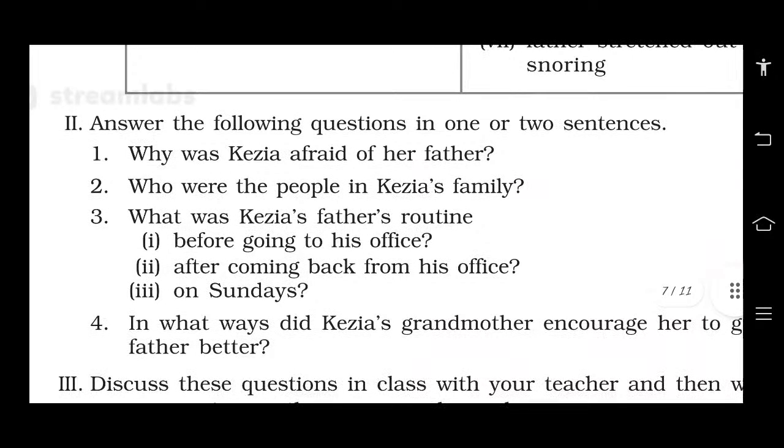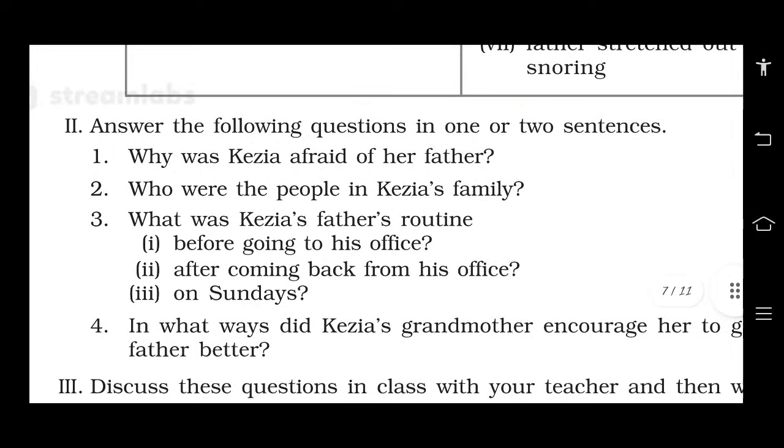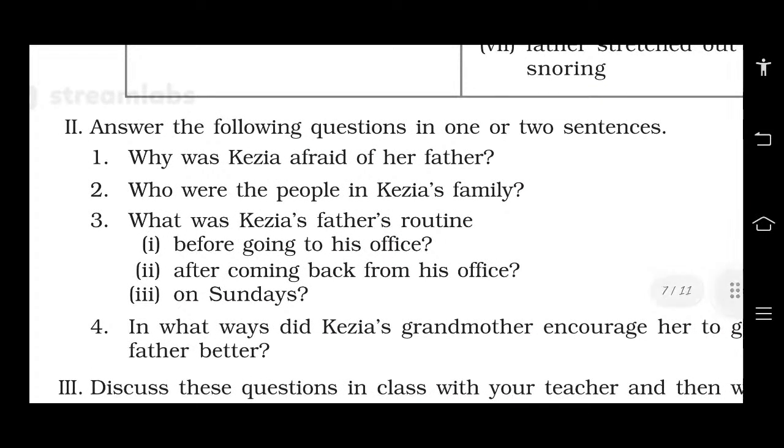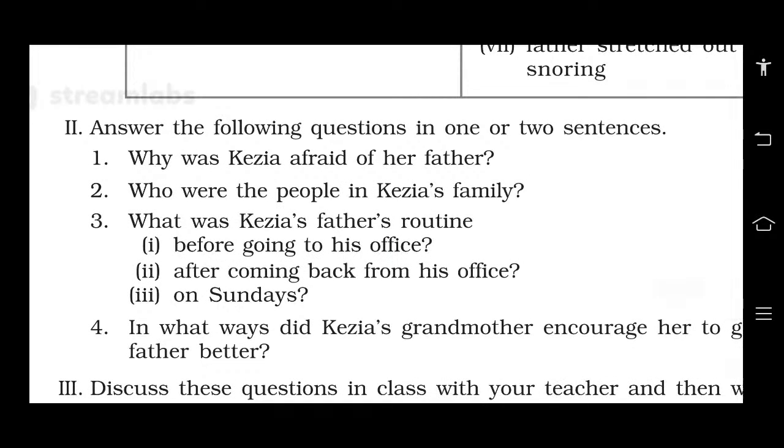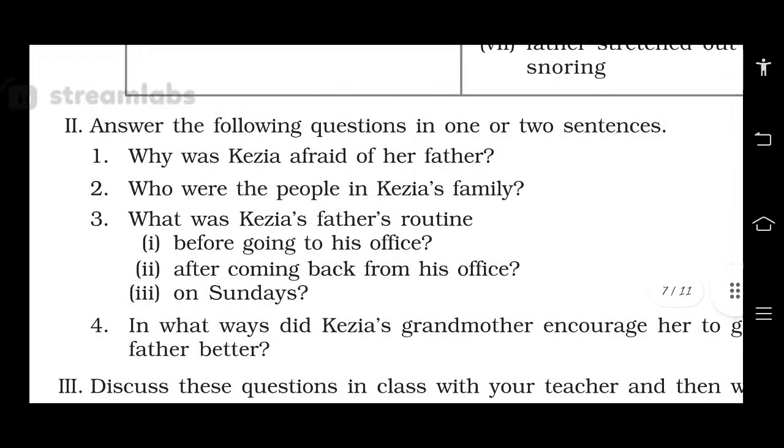Kezia was afraid of her father as she thought that her father was very huge in size and very hard. But is that correct? That's not correct. When did she come to know that? She came to know that when she understood her father's love.